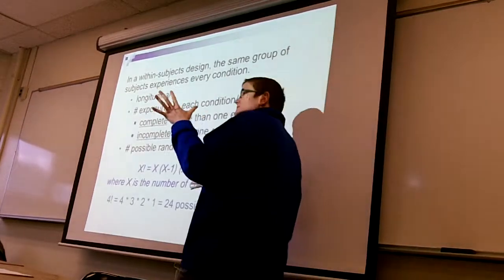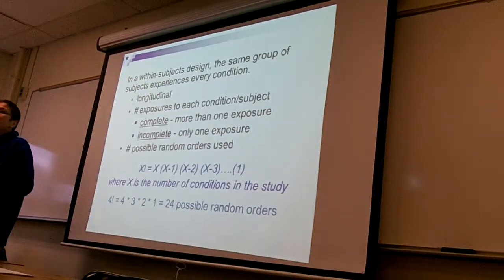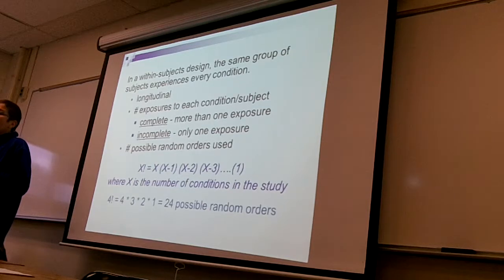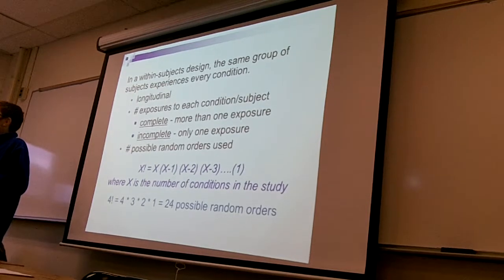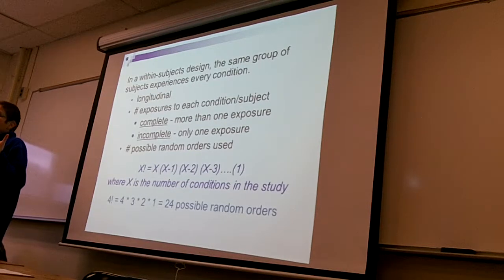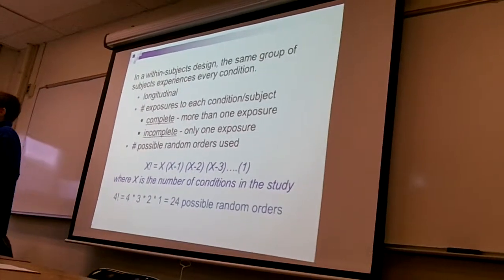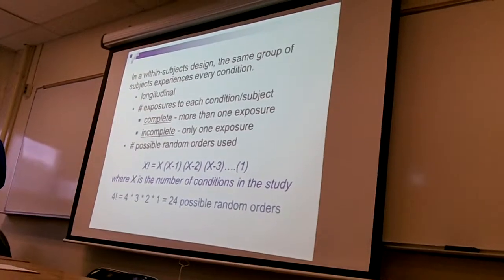A complete within subjects variable is one where the subjects experience each condition more than one time. So it's not just they get one exposure to whatever that treatment is, but they get multiple exposures to the treatment, multiple opportunities to give you data about their response to that treatment.